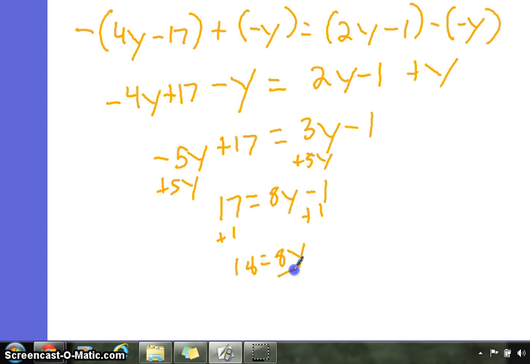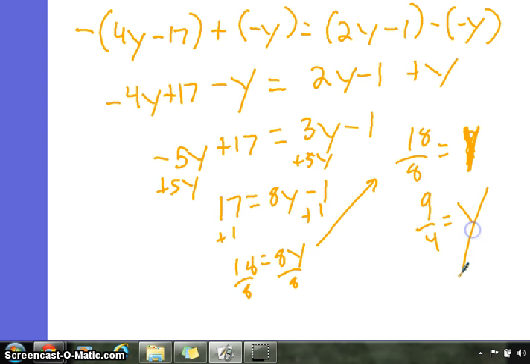Then I'm going to divide by 8 on both sides to get 18 over 8 equals y. I need to reduce 18 over 8 by dividing by 2. And that gives me 9 over 4 equals y.